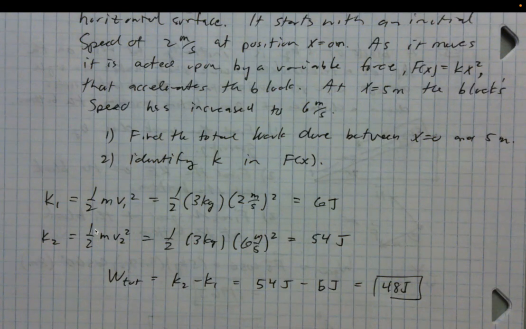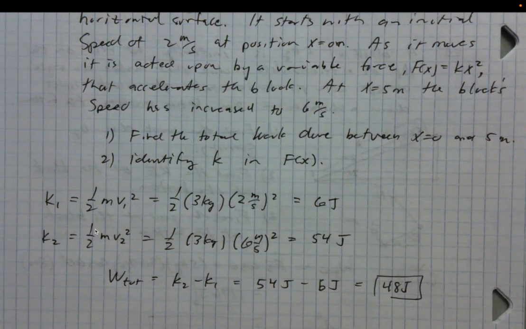Now, using this information, we're going to work on item 2. We want to figure out what the constant is in this function. Okay, and so we're going to use the integral version of the work definition, right?